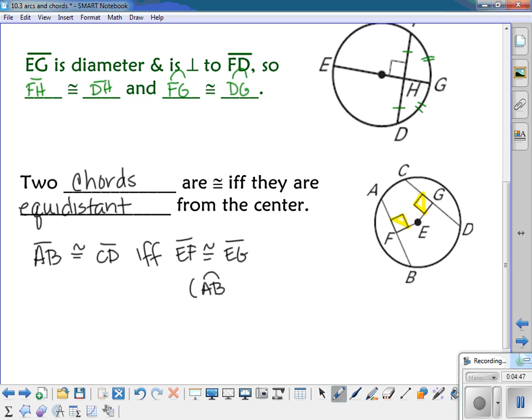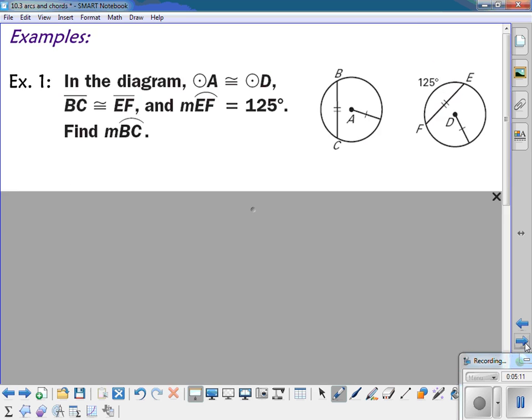So arc AB is congruent to arc CD. So those are congruent, and these here are congruent. I can't really mark A, B, and C. Okay. So we're going to use this then to solve some problems.